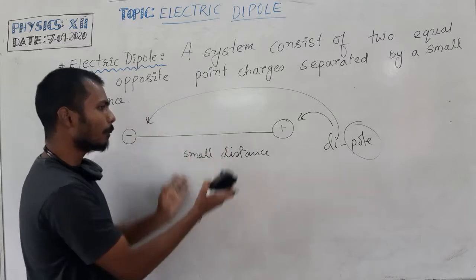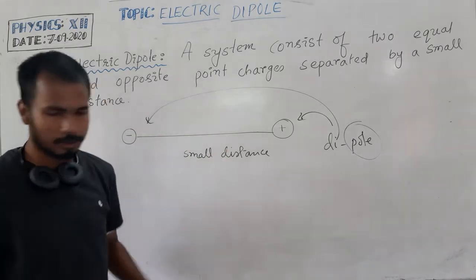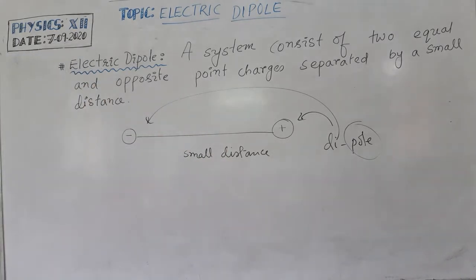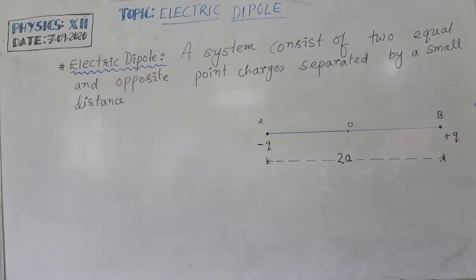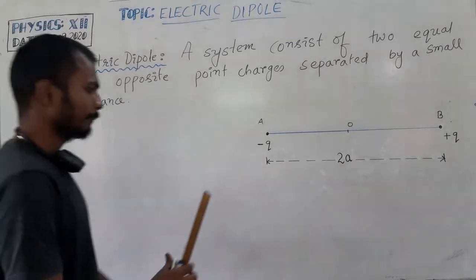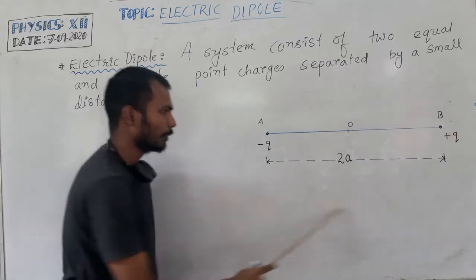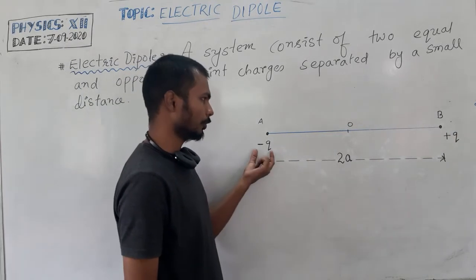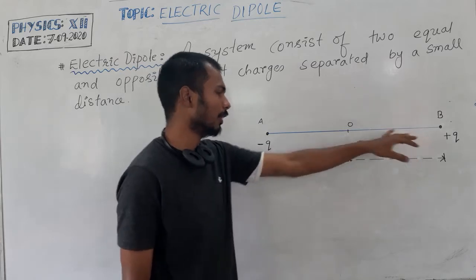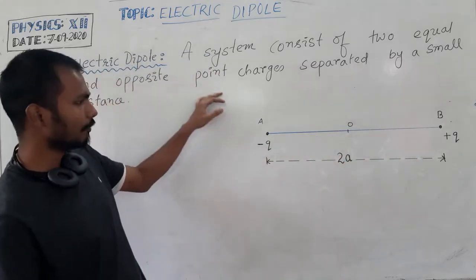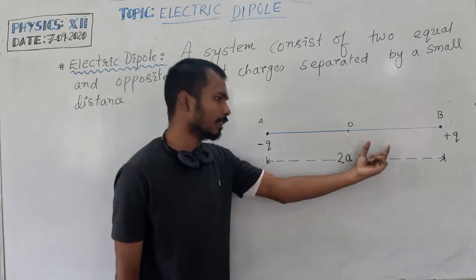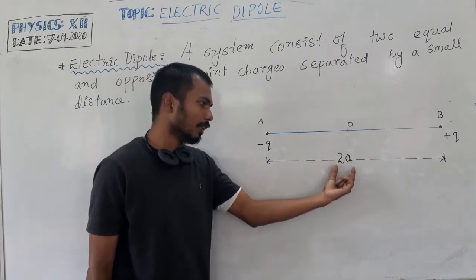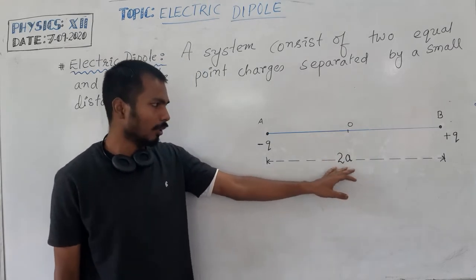Now we will draw a proper diagram of an electric dipole. We have considered two point charges, minus q and plus q. They are opposite in nature, as per the definition, and separated by a small distance, which we consider as 2a. Why 2a?